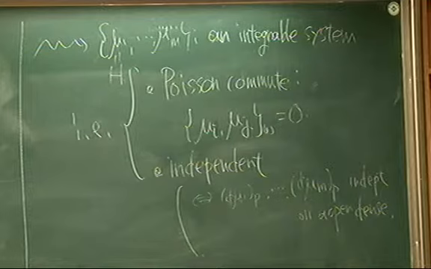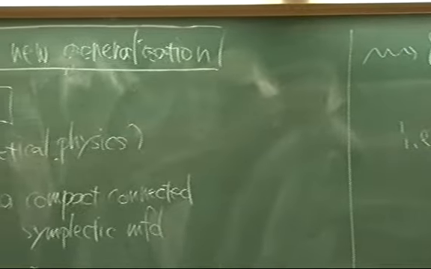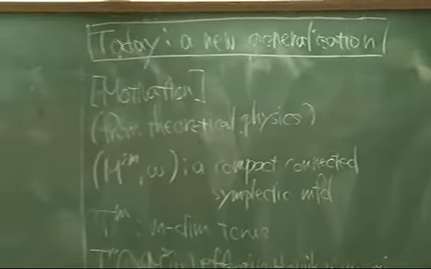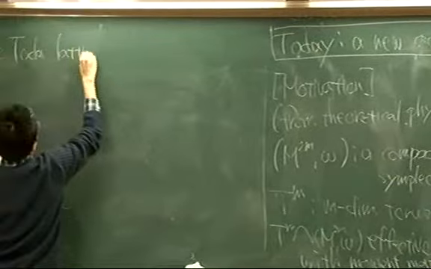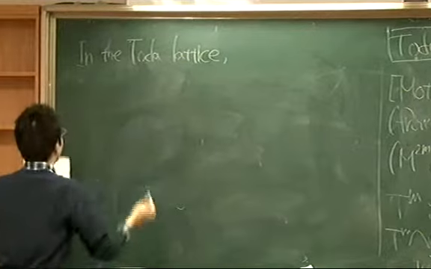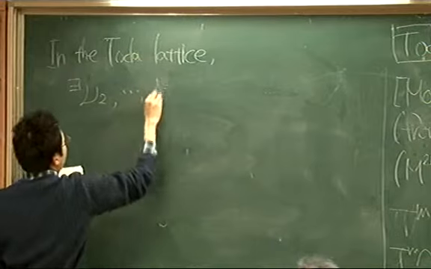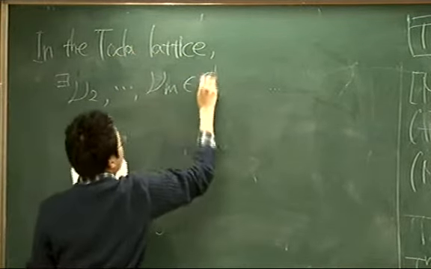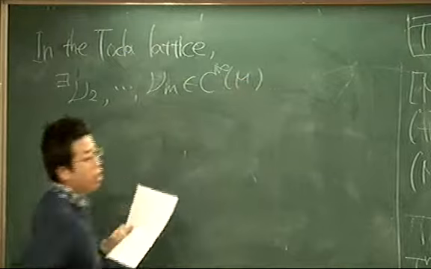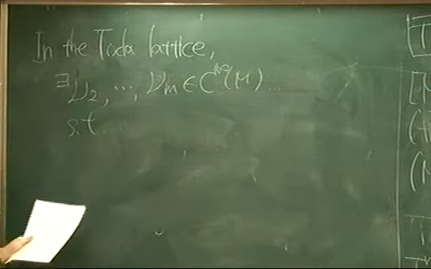So anyway, this is fine, but in the case of the toric lattice, it's also an integrable system. We have extra functions which have special properties. In the case of the toric lattice, there exist extra functions nu on M which satisfy the following properties.